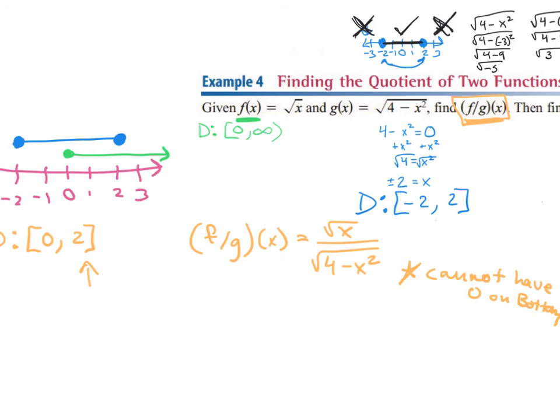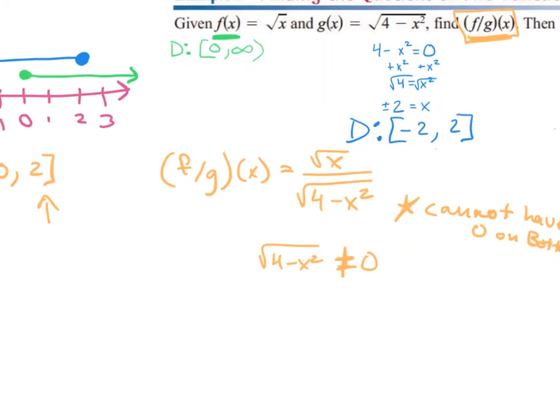So we're going to set the square root of 4 minus x squared equal to 0, because we know it cannot be 0. So I'm going to put a cannot be equal to 0 here, so we know that this can't be 0. And we're going to solve it the same way as we would if it was equal to 0. So we're solving for x, so we need to square both sides to get rid of that square root sign.